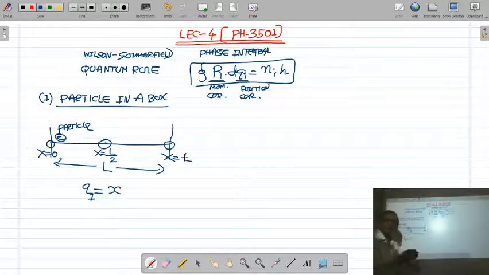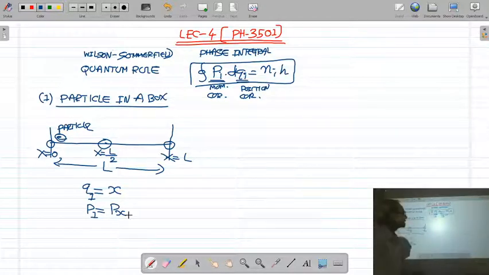When the particle is going to and fro, the value of x is going to change. So the particle has only the x coordinate, the position coordinate, and corresponding to it the momentum of this particle is px. So how do we write the phase integral for this particle?